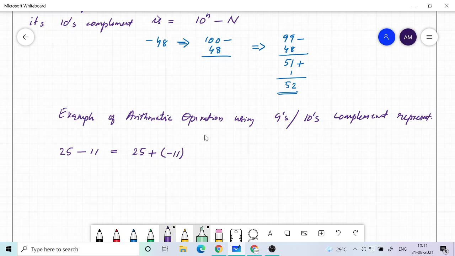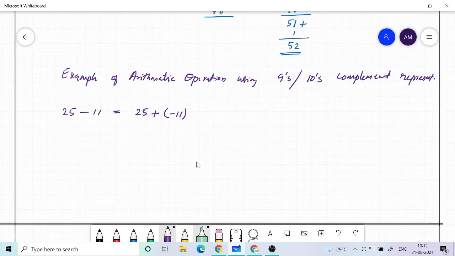You know that 25 is larger than 11, so 25 minus 11, and put the sign, which is positive, of the bigger number. Now how do we do it in 9's complement? We represent the second number, minus 11. We find its 9's complement, and then we will do it with the 10's complement. So this is almost like an algorithm. You have to just follow this algorithm using 9's complement.